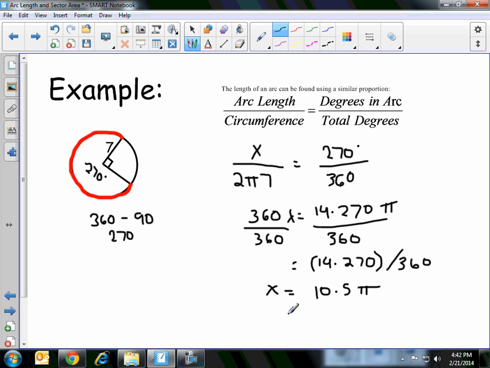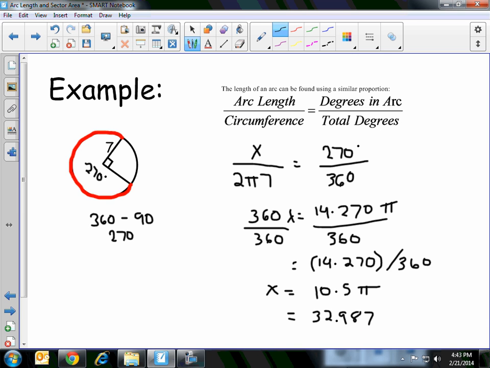And if we needed an answer as a decimal, we simply multiply that answer times the pi symbol, and we round. I'm going to round again to my thousandths place, 32.987. Now this was a 6 and the number after that was a 7, so you do round up.